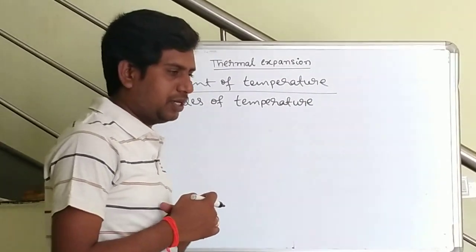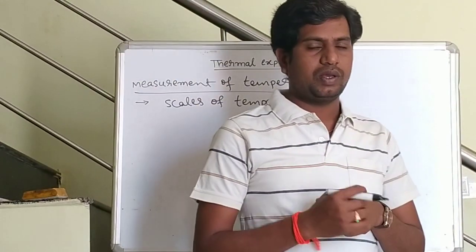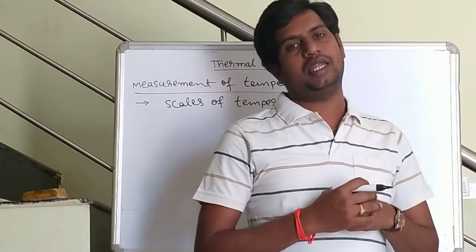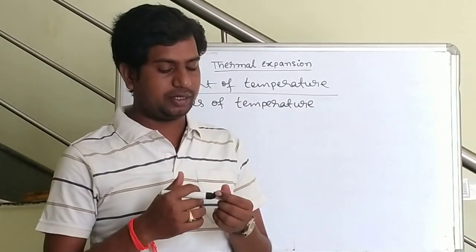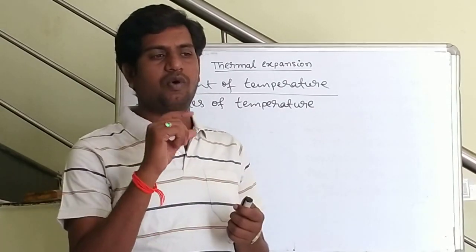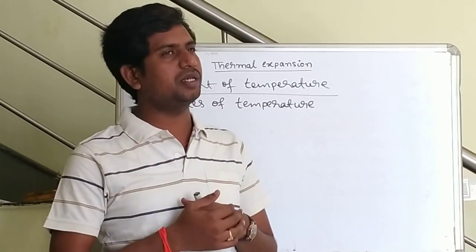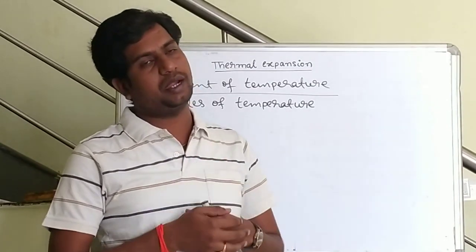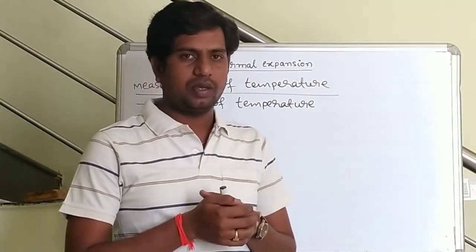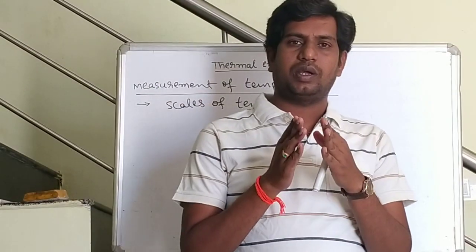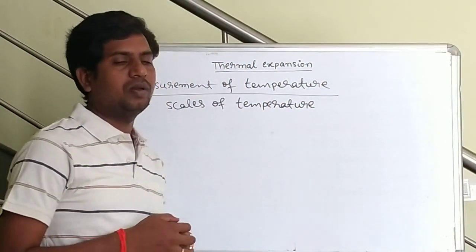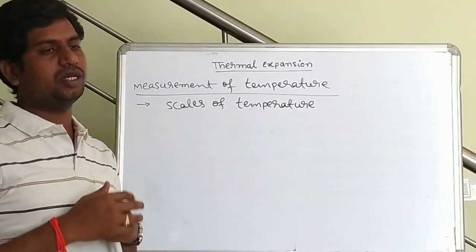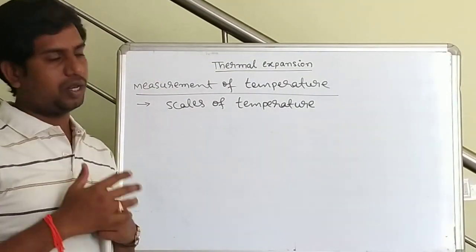For example, when mercury is taken, as the temperature of mercury increases, its volume increases, or we can say it expands. By this property we can measure the temperature by taking the variation in volume of mercury.